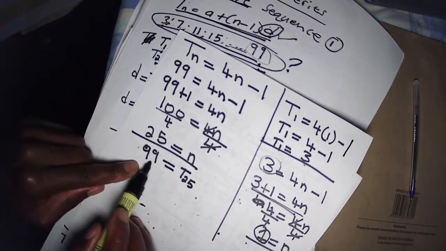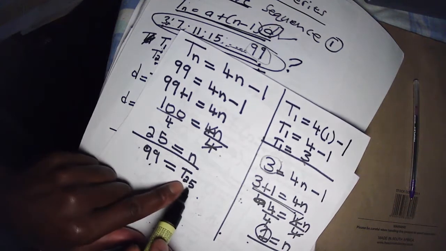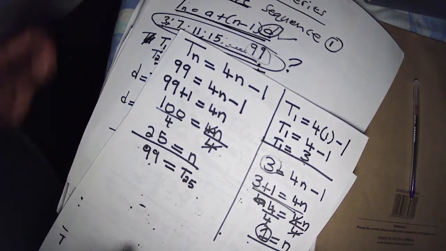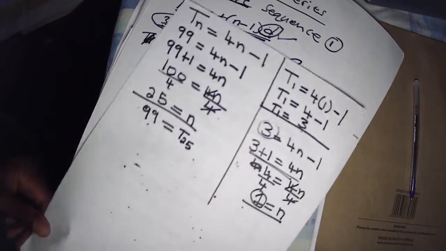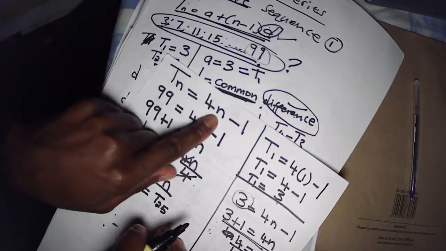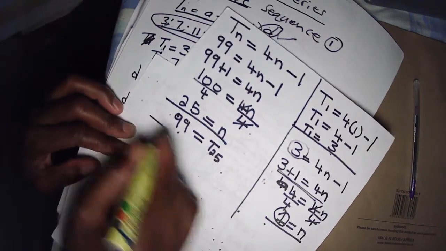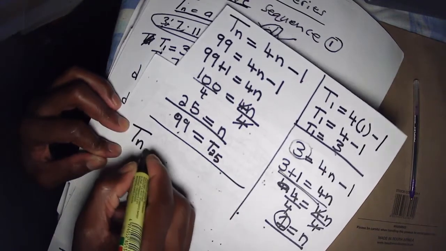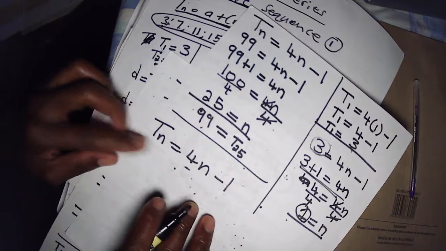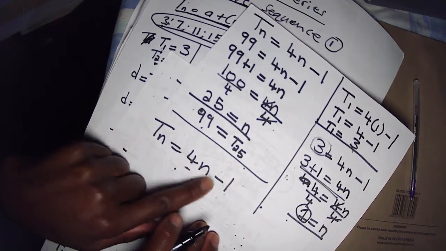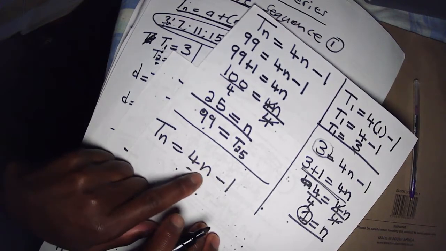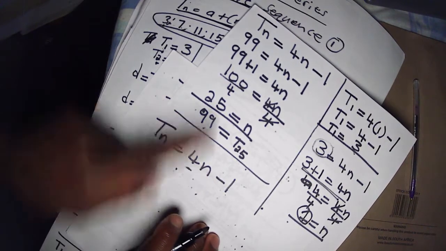So 99 is our term number 25, which means if I take the formula of the nth term as it is, and sub 25 where there is n, I am going to get 99.